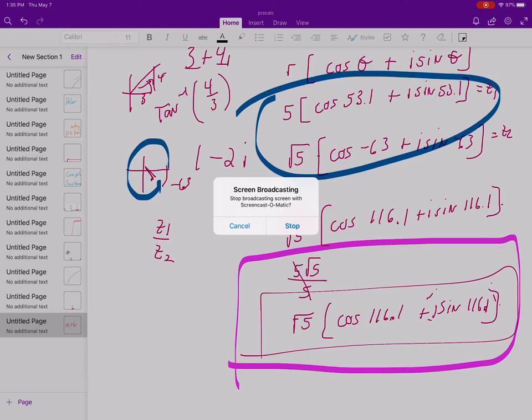So I don't know why this is such an issue here. If you divide them, yeah, it's divided, and it's subtracted. Huh.